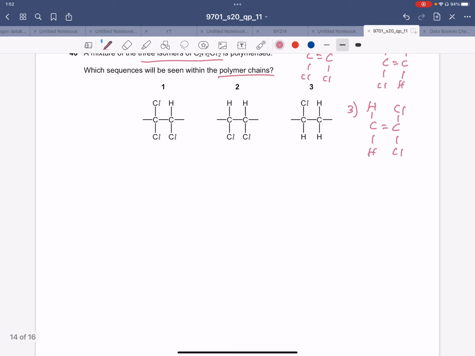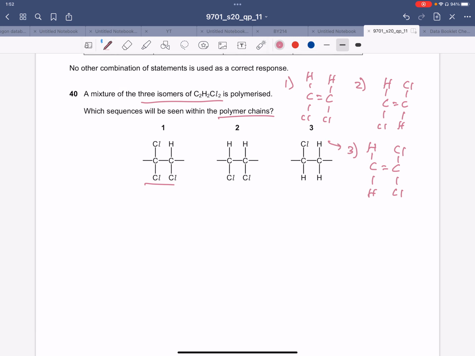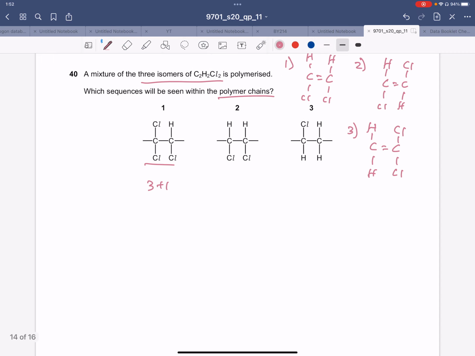They're basically just polymers. If you take an example of that, this is actually going to be a combination of this one right here and this one right here, so it's going to be 3 plus 1. I'll explain why by drawing them out. Let's just draw the isomer.